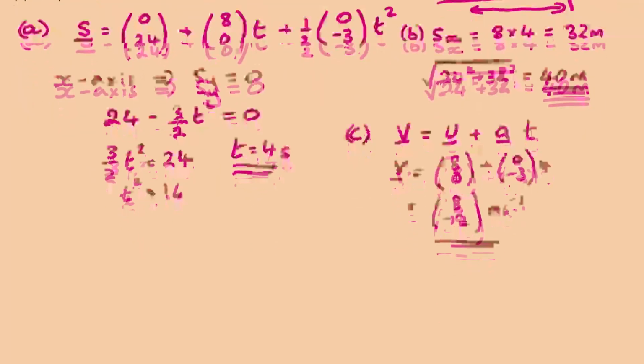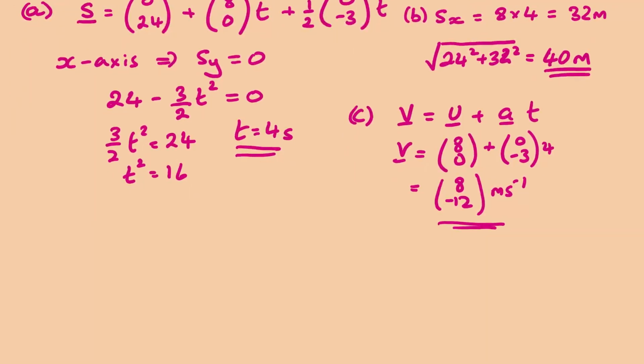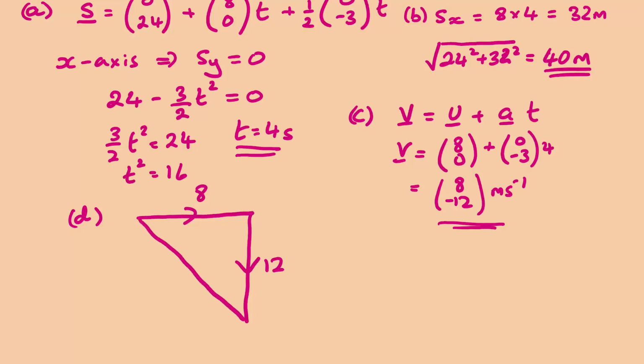And then finally, what we want is the speed and direction of motion when it crosses the x-axis. So it's going 8 this way and 12 this way. So we would like this and this.